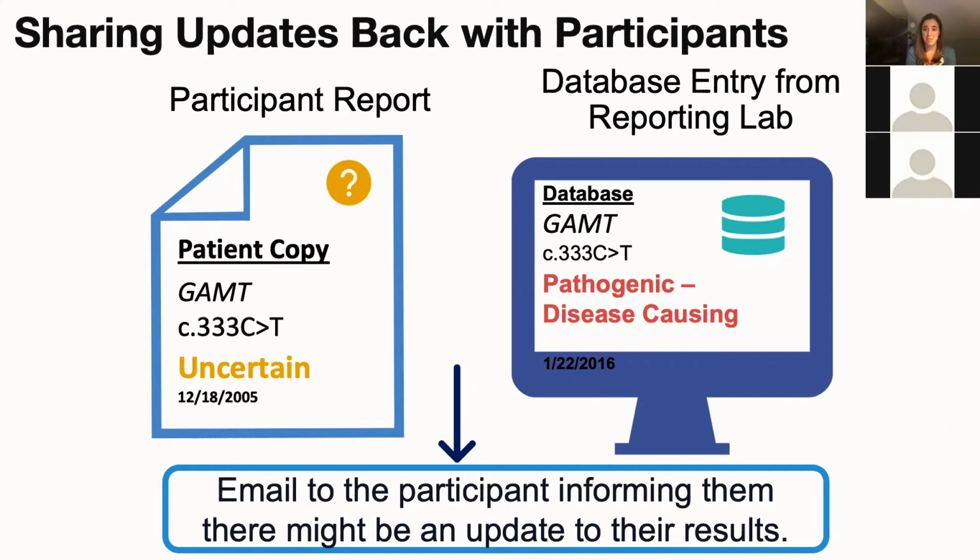So for example, that VUS from Lab 2 in the last example, a couple of years later, was changed to likely pathogenic. Through our data sharing, GenomeConnect might become aware of shifts in classifications. So as part of participation in the registry, we give participants the option to receive that information from us. So in cases where we do identify a change to classification, we would circle back with participants that choose to receive that through the registry.